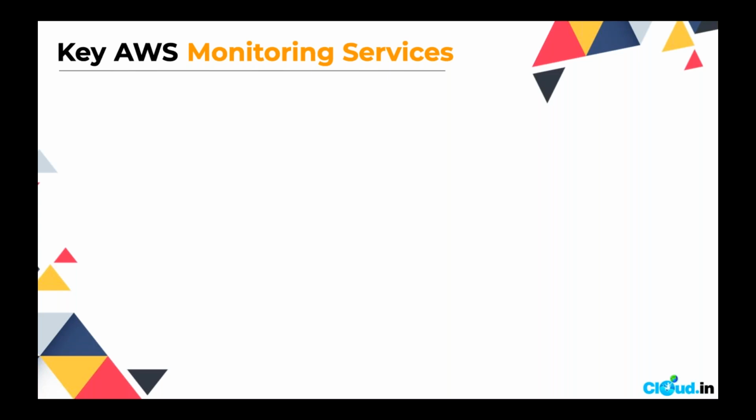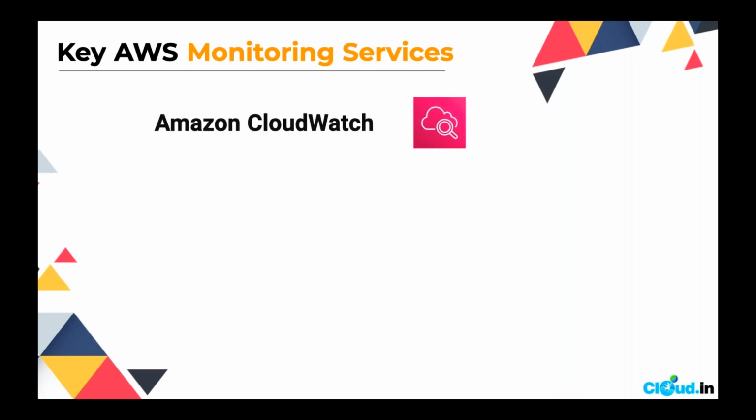So next comes the key AWS monitoring services. The first service that comes under monitoring services is Amazon CloudWatch. It is the centralized monitoring service that collects and tracks metrics, logs, and events from your AWS resources.